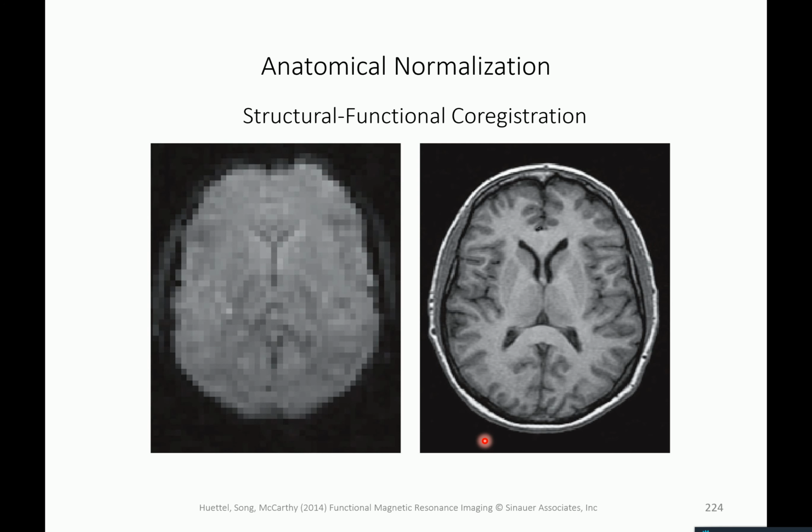At the same time, they co-register the structural data, so the T1 data, and the EPI data. So they try to align the EPI data, which of course always looks a little bit crappy, with the T1 data. And then use the parameters of the T1 normalization with the EPI normalization.